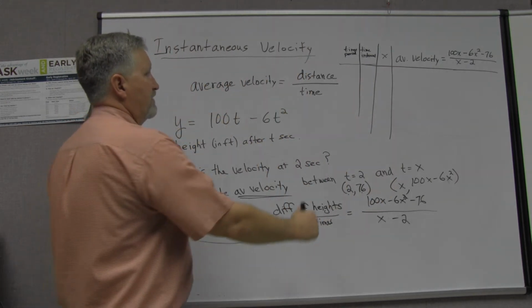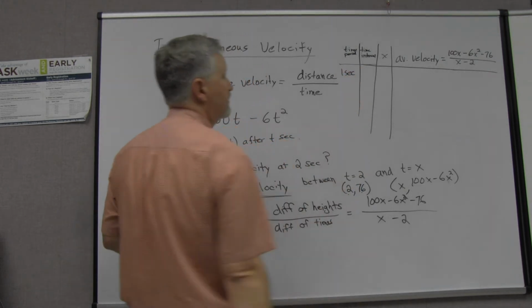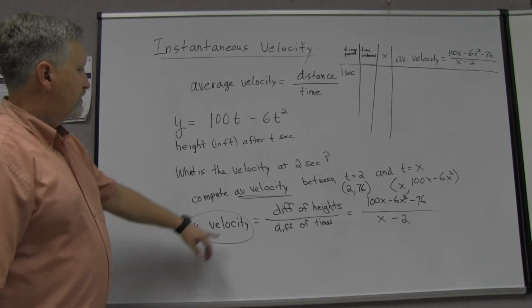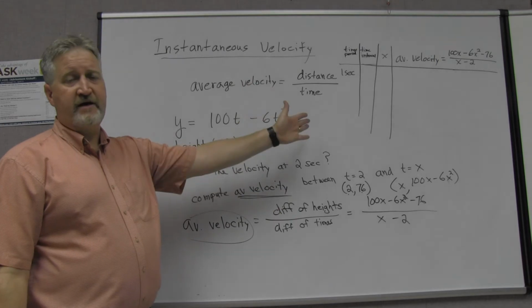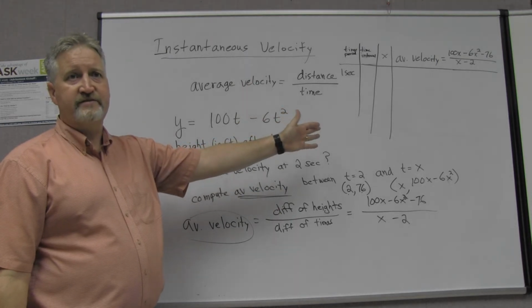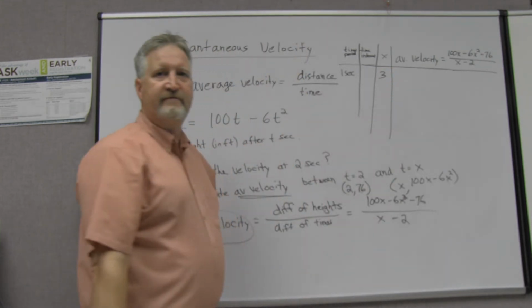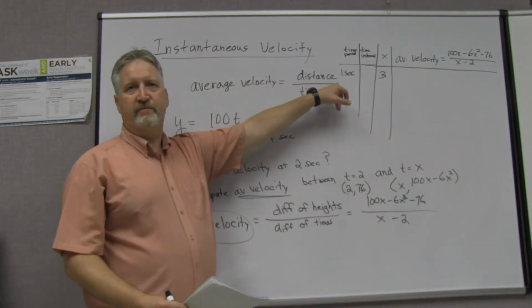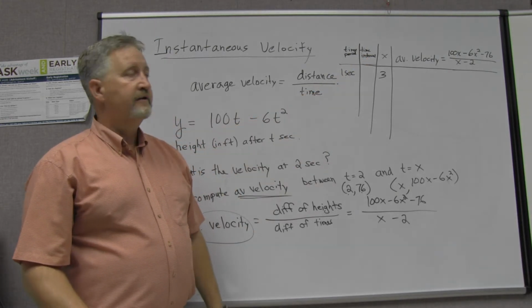All right, so let's say we have a time period of 1 second. What would be the x value here that they're looking at? Well, I'm starting at 2 seconds, so if I do a time period of 1 second, that's going out to x is 3, right? See what I'm saying? Because the x value I'm starting at is 2 seconds. So they want us to go 1 second beyond that. So the x value for our formula would be 3.